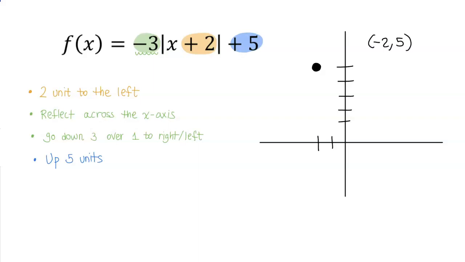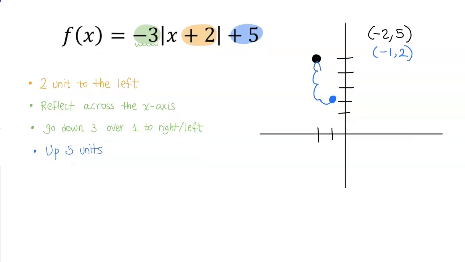After that, I'm going to go down 3. 1, 2, 3, over 1. So there's the second point right there, and that point is at -1, 2. So I know I will have my graph going down from that black point in the direction of that blue point.